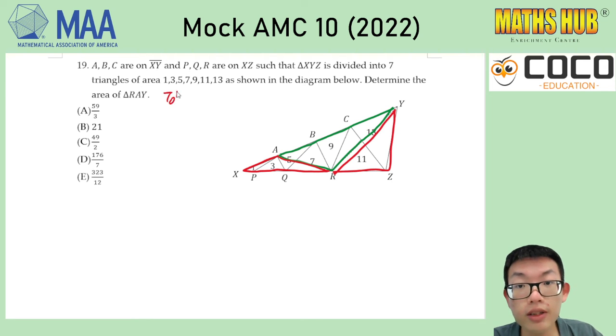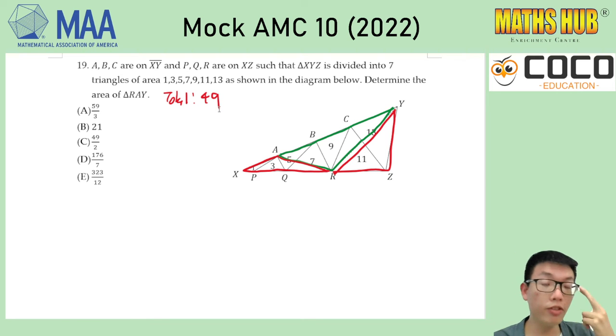Because the total is just 49. And the reason why those are better than my green triangle is that they share an angle with the full triangle. And if they share an angle with the full triangle, it means I can use ratios to help me, since they have the same base or the same height or at least something like that.